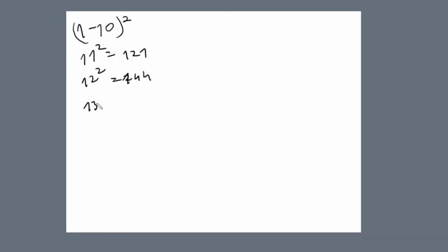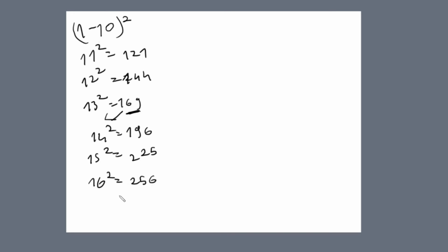You need to know how much is 13 squared, 169. 14 squared, which is 196, which you can remember basically just reversing these two digits in 13 squared to get 14 squared. You need to know how much 15 squared is, and that is 225, if I'm not wrong. You need to know how much is 16 squared, which is 256. And you need to know them up to 256.